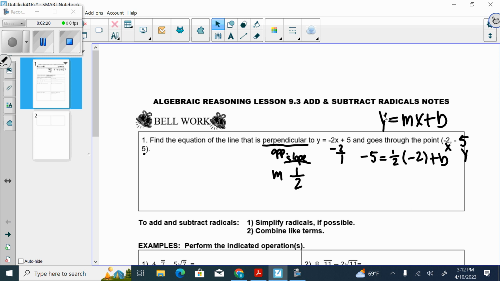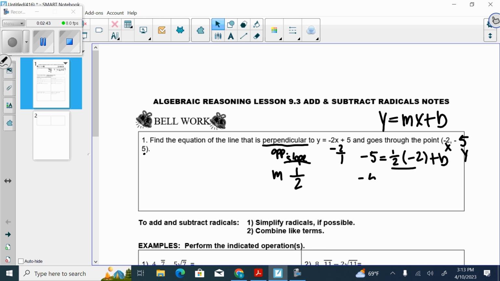All right, if I'm going to solve for b, the first thing we're going to need to do is combine those terms. And it says we're supposed to multiply them. What is 1/2 times -2? Good.